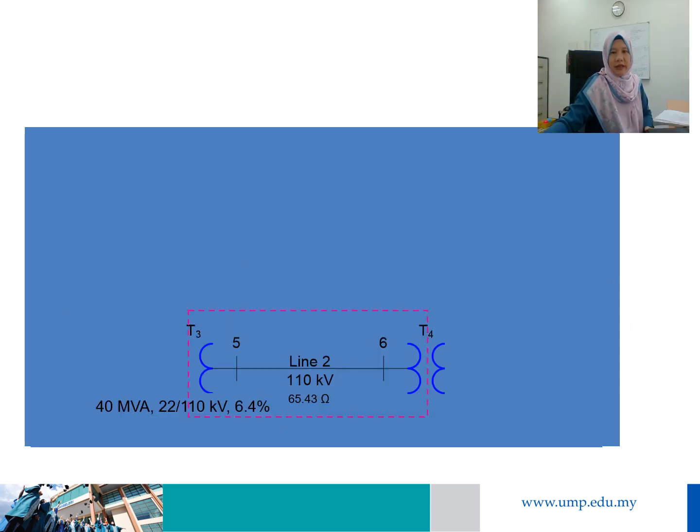Now we can calculate the base voltage for region number 3. The base voltage for region number 3 on the high voltage side of T3 is equal to the base voltage from region 1 multiplied by the secondary voltage of T3 divided by the primary voltage of T3.